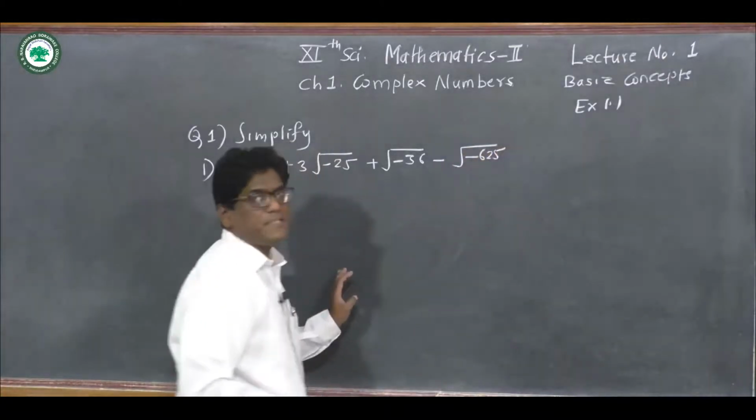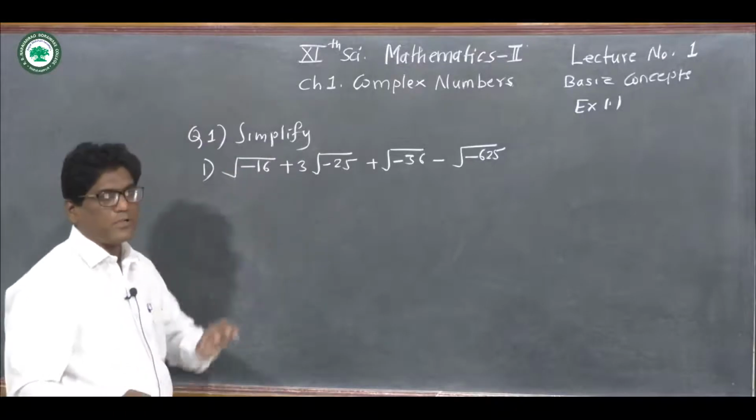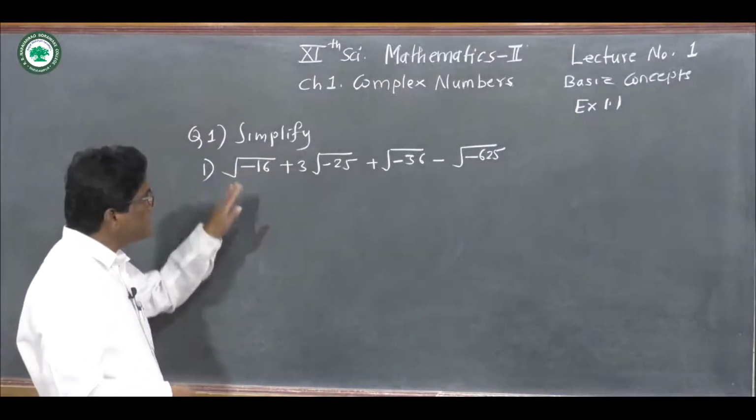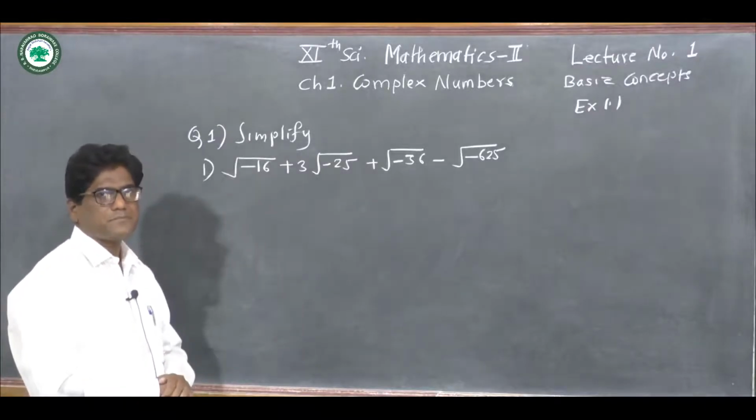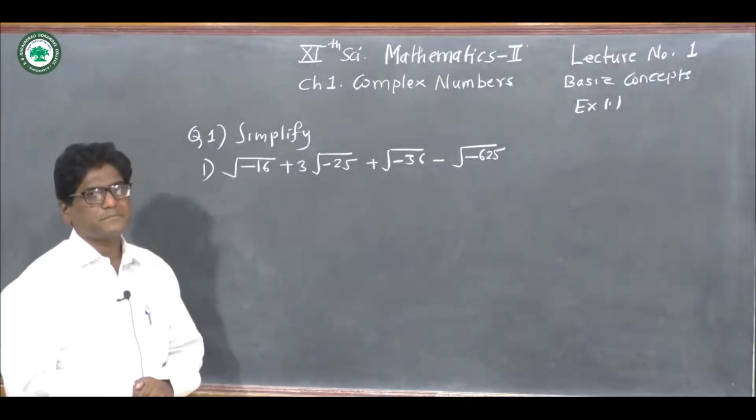We have to simplify this problem, which means we have to find the value of this. We know that the square root of a negative number is an imaginary number. We have seen this in the basic concepts.